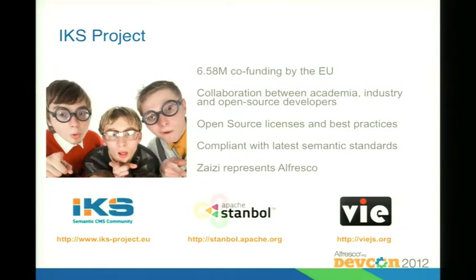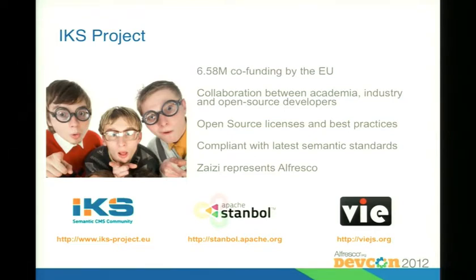I will go to that later. Apache Stanbol. So some of the code that was created for the stack has been released to the Apache Foundation. And Apache Stanbol defines a web framework for building semantic ECM systems. And VIE is the front end for writing semantic web contents.